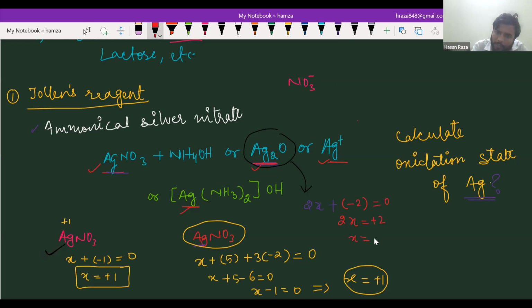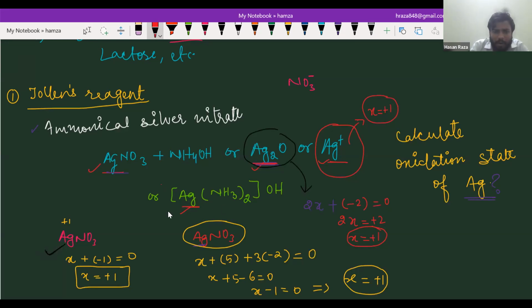So X will be equal to +1. Now you can see this is Ag plus. If there are monoanions or monocations, the charge present will be equal to the oxidation state. So it shows that it has oxidation state +1.